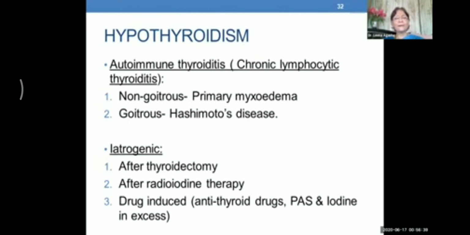Then after radioiodine therapy, again, if the dose is more, if the major tissue mass is treated with radioiodine therapy, it can result in iatrogenic hypothyroidism. Then drugs such as antithyroid drugs, para-aminosalicylic acid, and iodine given in excess can also result in iatrogenic hypothyroidism.